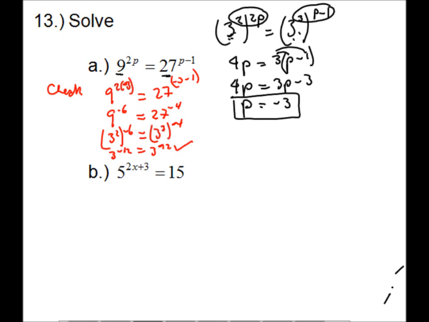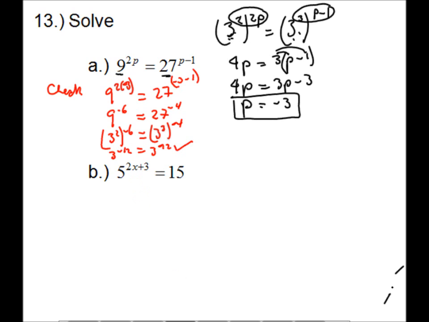Now the next problem that we want to do is the same kind of problem, but we have a little difference. Here we could write the same base, but in this problem, if you notice, the bases aren't the same. I mean, they're both factors of 5, but we can't write them both as 5 squared or 5 cubed. So we need a little different method.